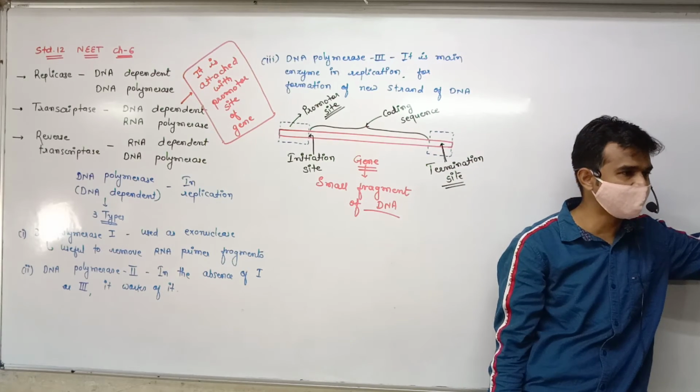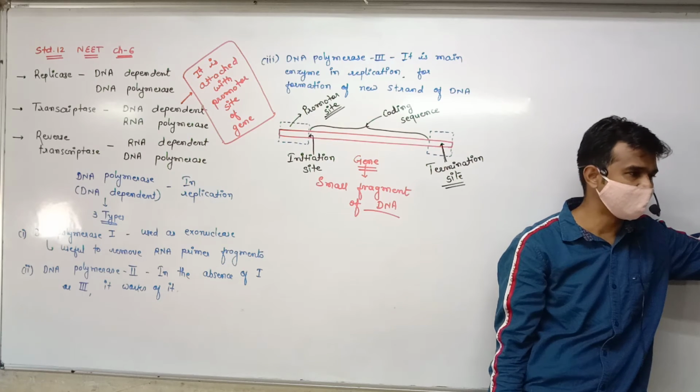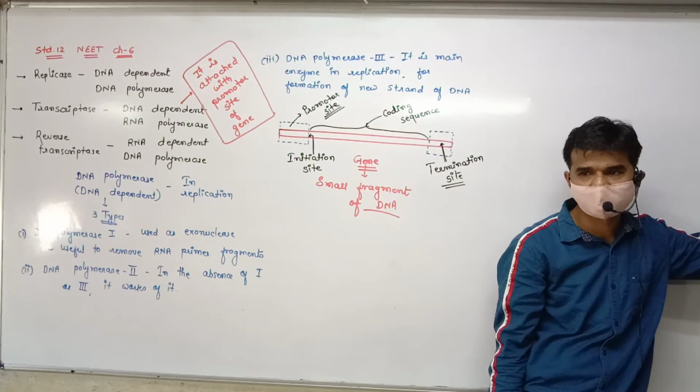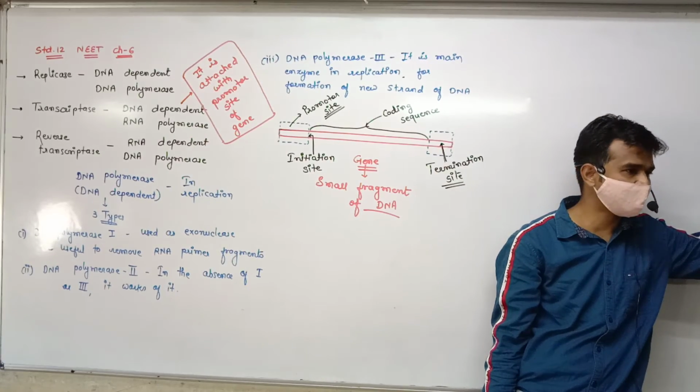And after 80 minutes, 6.25% and 93.75% of the light band. After 100 minutes, after 120 minutes, and so on, you can count that proportion of it.